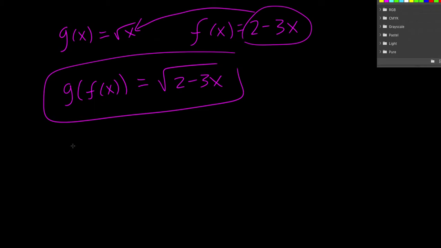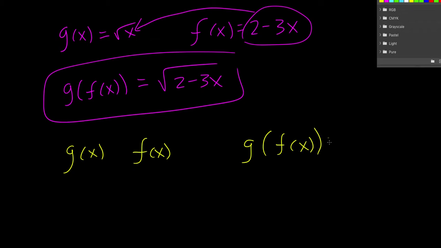And then it wants us to find g of x and f of x such that g of f of x is equal to 1 over x minus x squared.